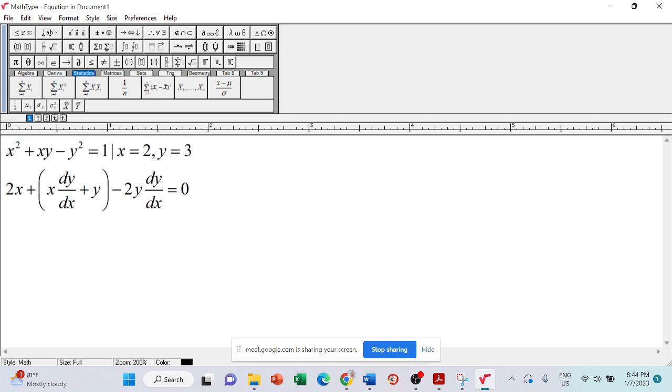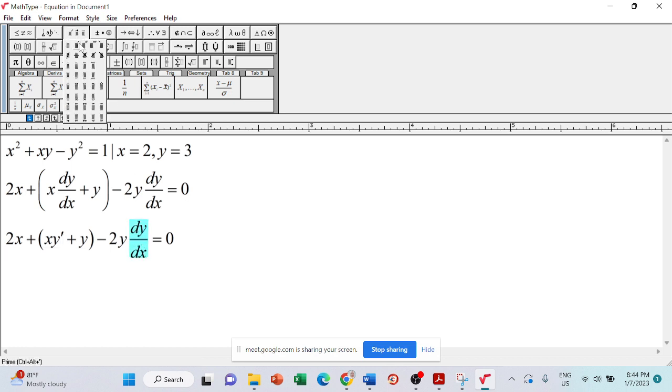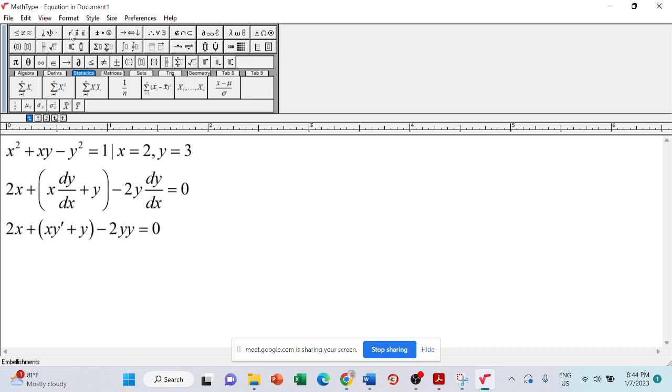Basically, for this equation, if you don't want to use dy/dx, you can change it to the y prime form. Madam just wants to show y prime. Maybe certain books use that kind of symbol.